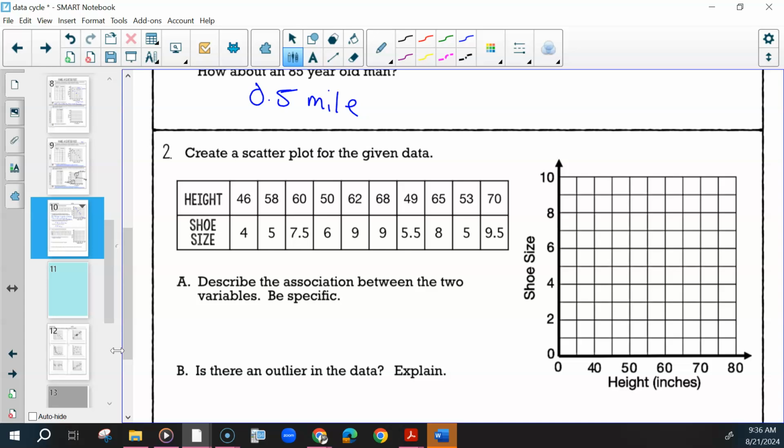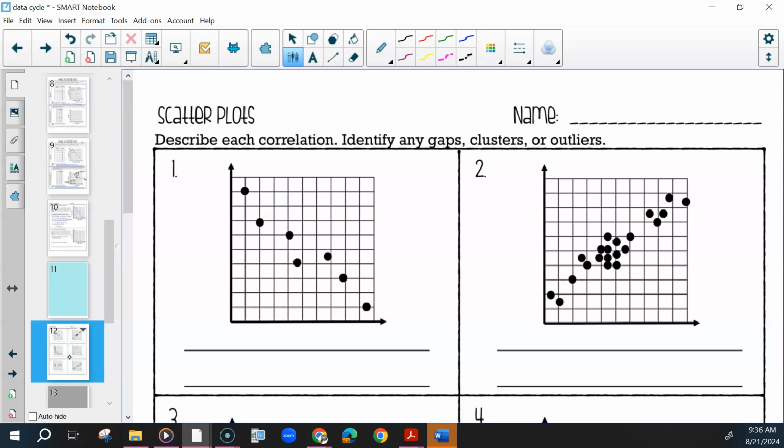I'm going to, for sake of time, skip this really quickly, go into this. Right, and we just want to describe these as positive, negative, maybe no correlation, there isn't one. Is it linear? Is it nonlinear? Does it not make a line?